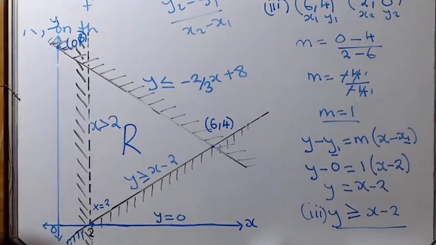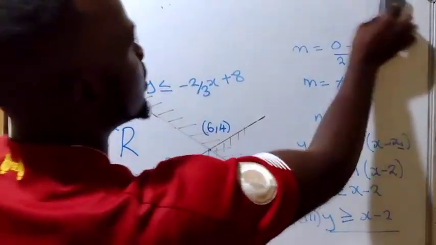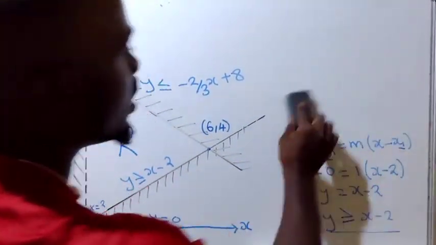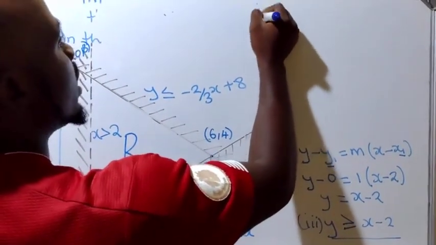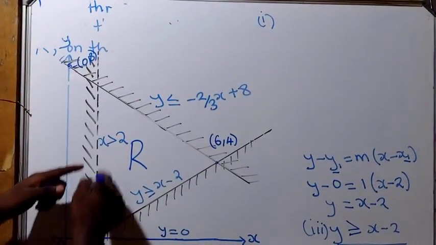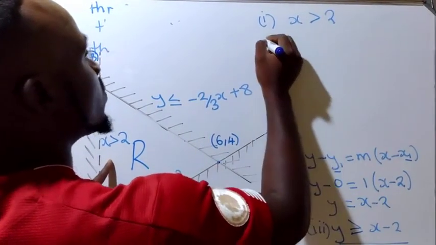So if you are following, our inequalities now, let's list them here. The three inequalities, we have the first one, which is where we said x greater than 2.